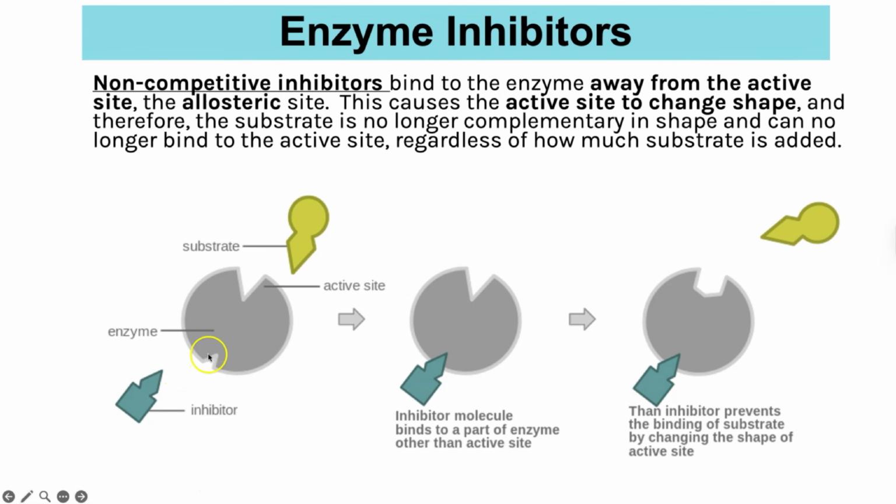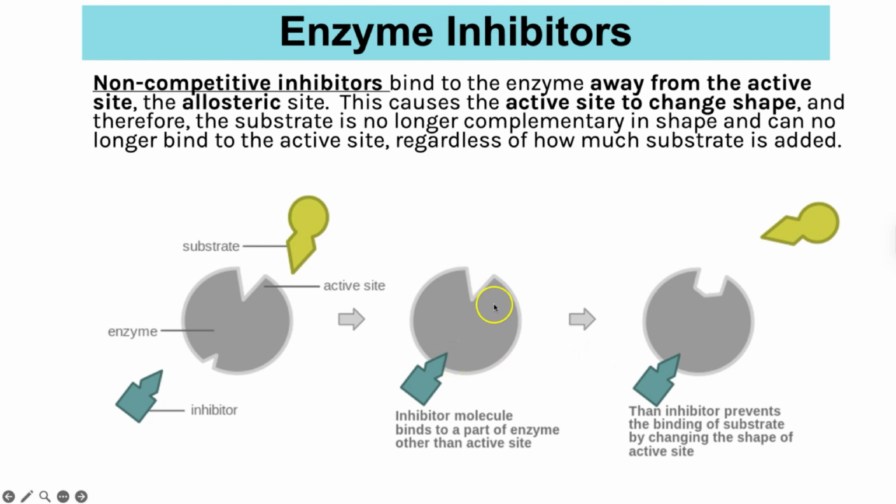Non-competitive inhibitors bind to the enzyme at a point that is not the active site, which is technically called an allosteric site, but you don't have to know that term to get the mark. You just need to know that it's a point that is not the active site. But when the inhibitor binds to that point, it causes a change in the shape of the protein, so a slight change to the tertiary structure.